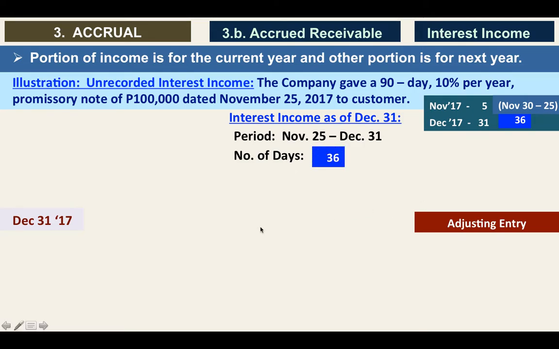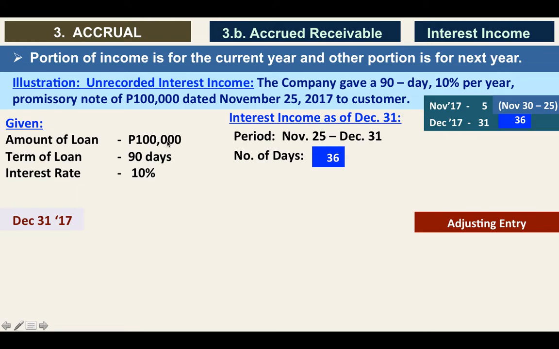So, we can compute the interest for 36 days. So, we need this information. You have principal of 100,000 and interest rate of 10%. So the formula is same lang naman because we are computing the interest. So interest equals principal times rate times time. As I have said, this time is 1 year.